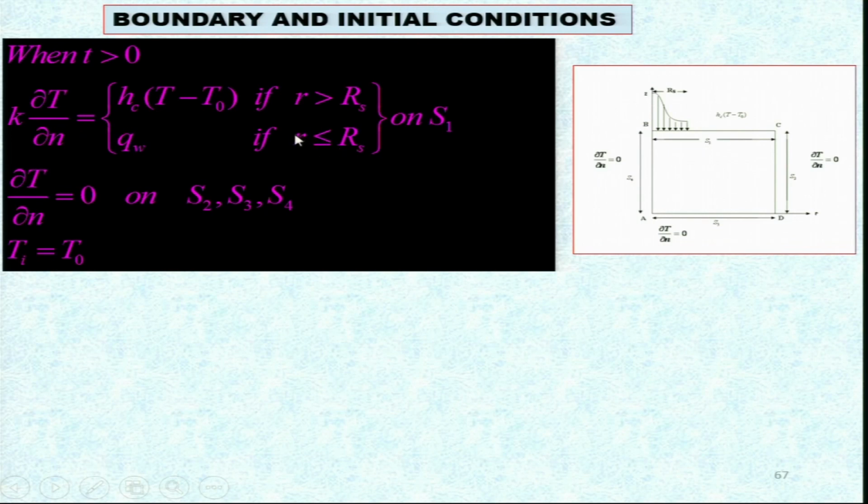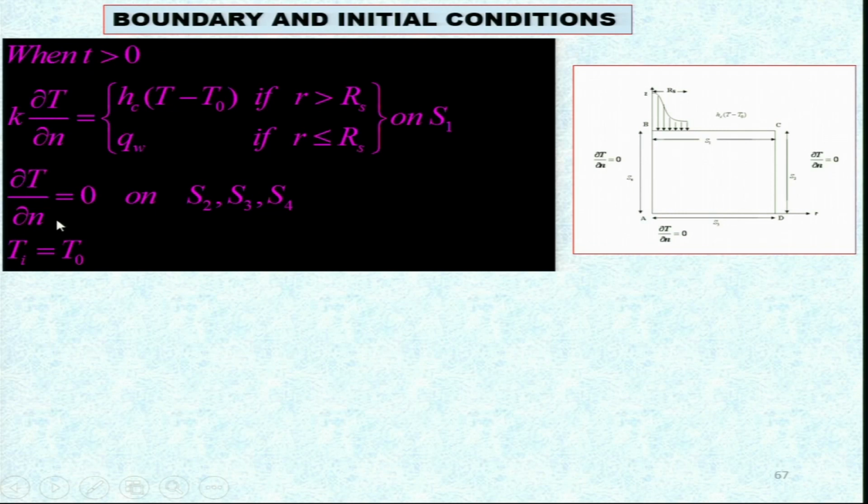Here r means wherever you are evaluating the system on surface S1, and you can see this is the surface S1. So, it has been divided into zones: one where r is greater than Rs, that means beyond this value, and one where r is less than or equal to Rs, that means this zone.